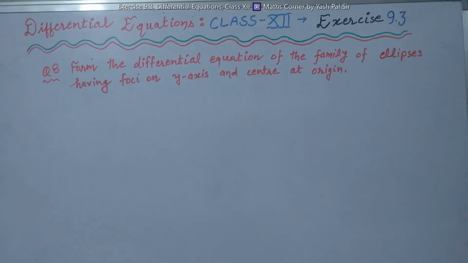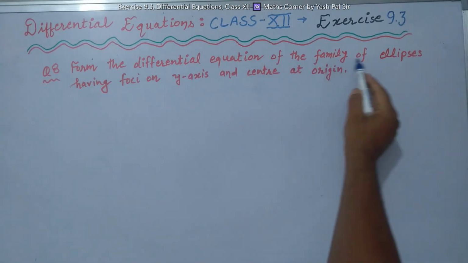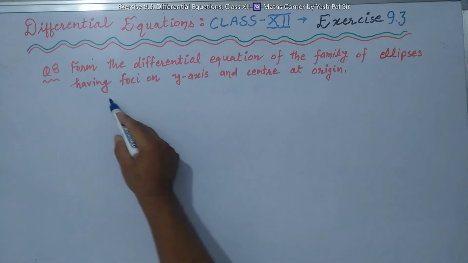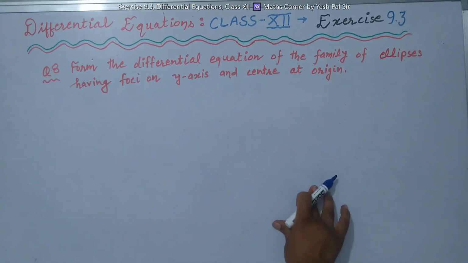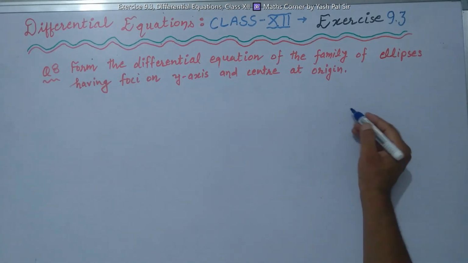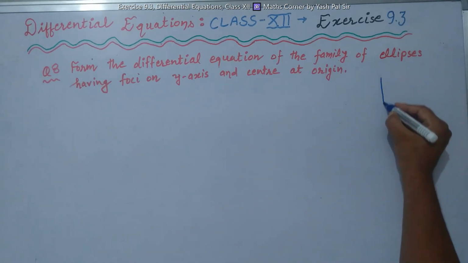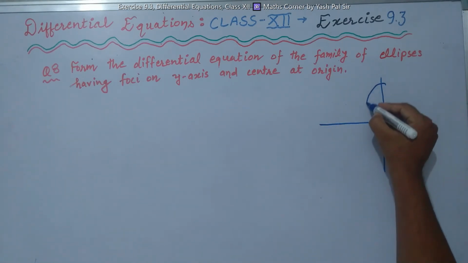Now, what about question number 8? Form the differential equation of the family of ellipses having foci on y-axis and center at origin. So, first of all, foci on y-axis. This means we shall have the ellipse of this shape.